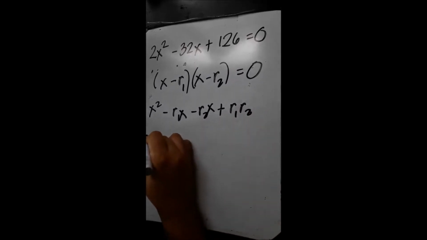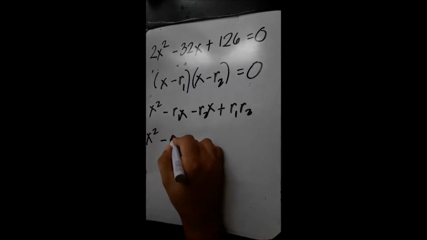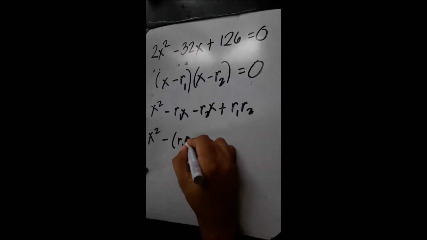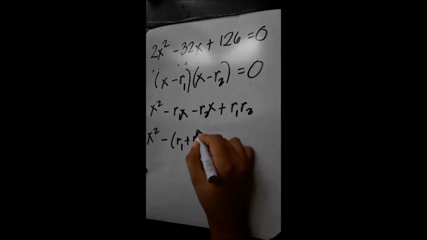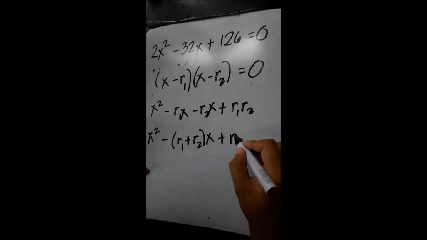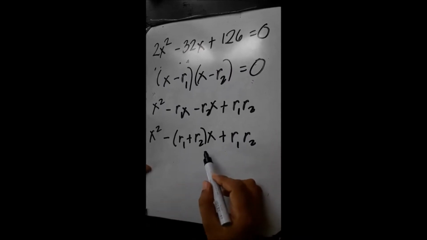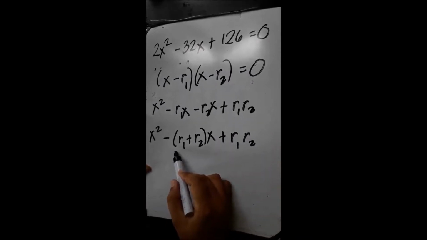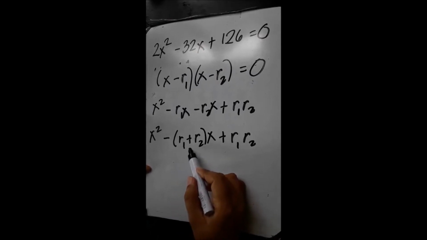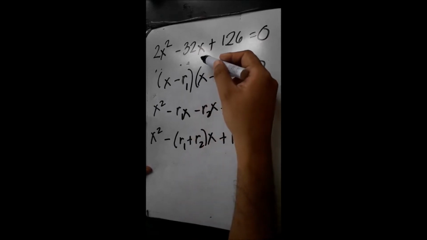And if we further simplify, we get x squared minus the quantity of the sum of the two roots, so that's r1 plus r2, x plus the product of root 1 and root 2. And if you notice here, this root 1 plus root 2, or the sum, is actually equal to the coefficient of the middle term x.